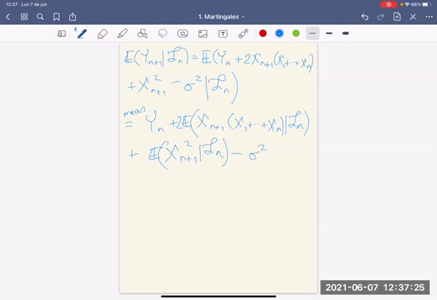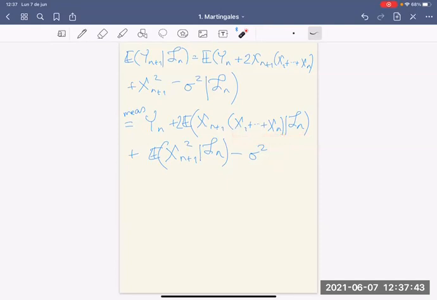Now, please observe that, again, I could use measurability in here. Because the story which I refer to in here is just the story that I have in this conditional part.